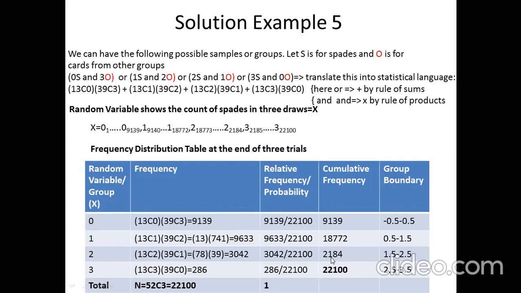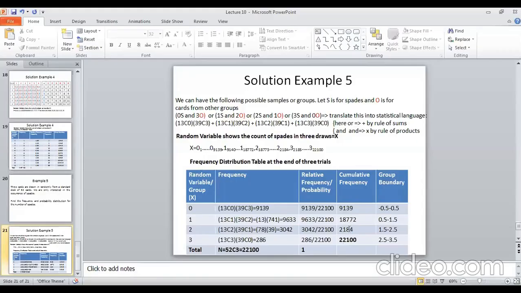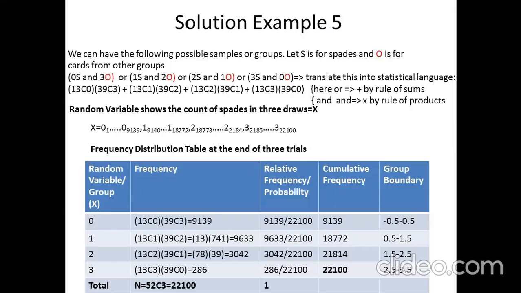Let me correct this error. 3042 plus 18772, and we get the answer, which is 21814, sorry. There was a typo. Definitely this should not be that small a number, and rather this one is the correct answer, 21,814. So this means up to 21,814 would be twos.